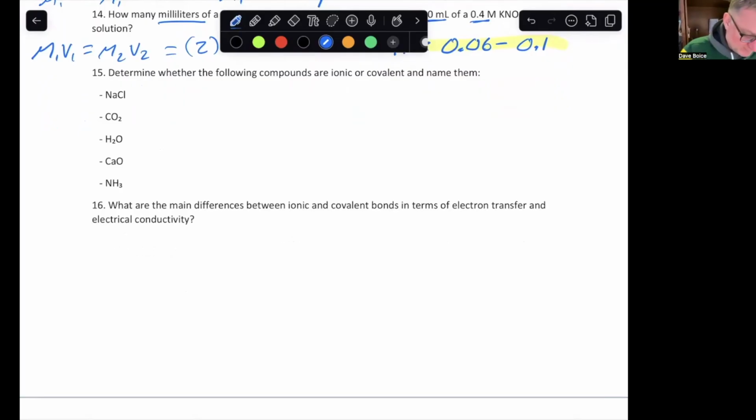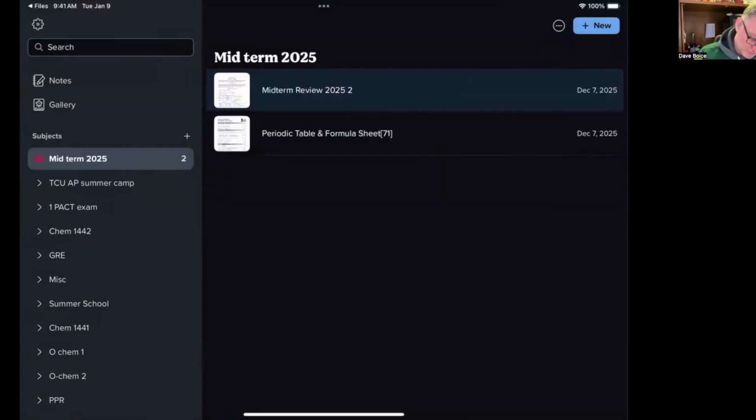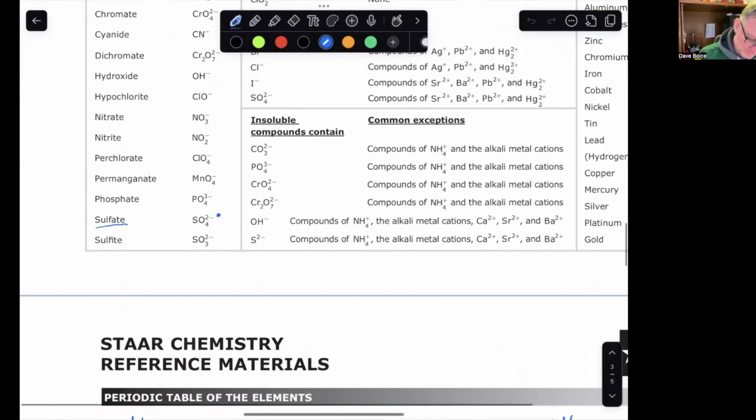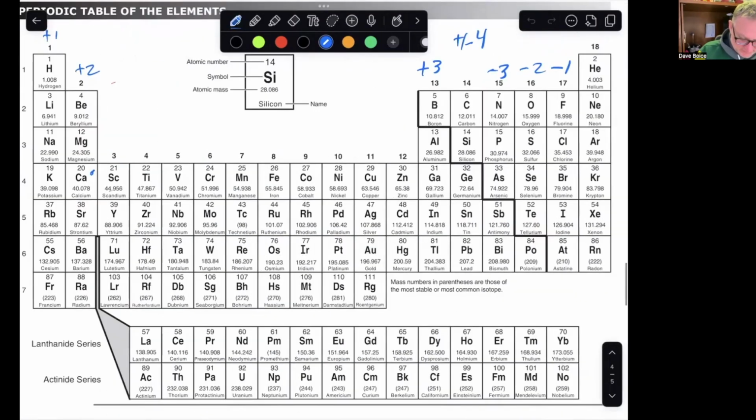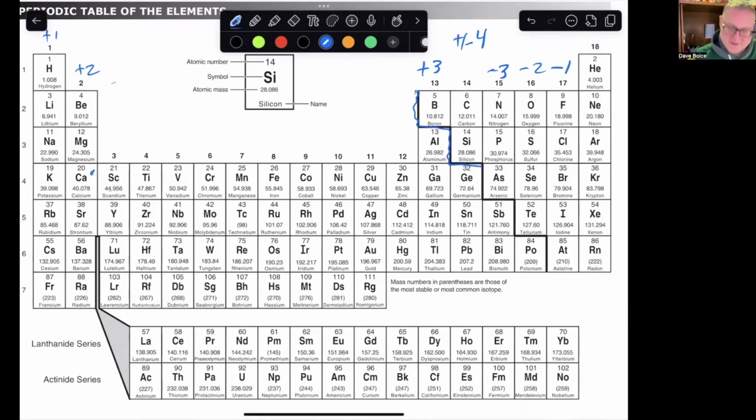Determine if the following compounds are ionic or covalent and name them. So first thing we want to do, are they ionic or covalent? This is Na, a metal, and Cl, a non-metal. So make sure you were looking at your periodic table here. And remember this stair step here for metal versus non-metal.